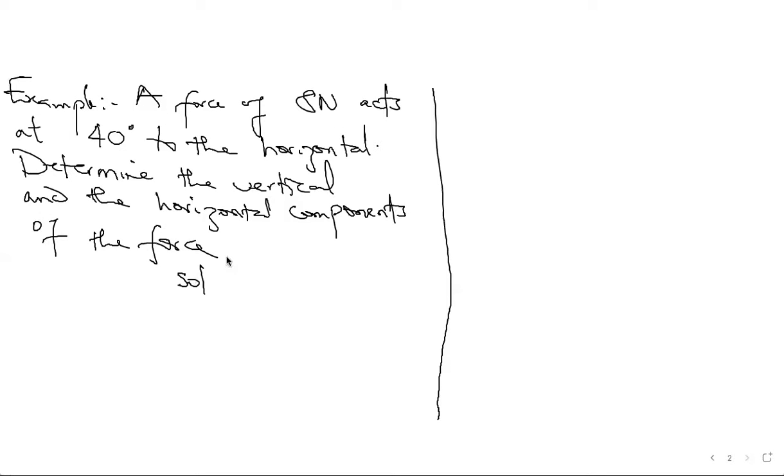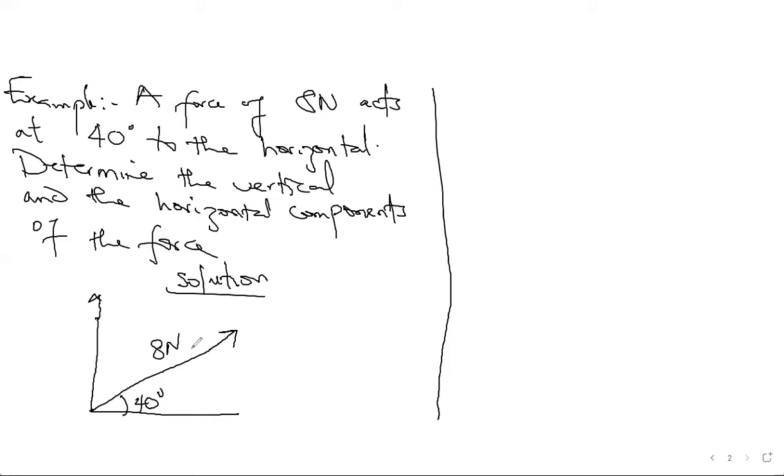represent it in the diagram to make life easy. So you have the force. This is the Cartesian coordinate system. So you have the force acting like that to the horizontal. So let's assume it's acting in this direction.